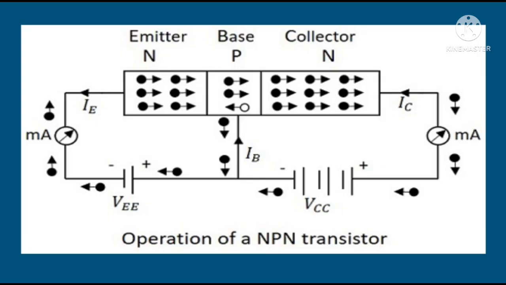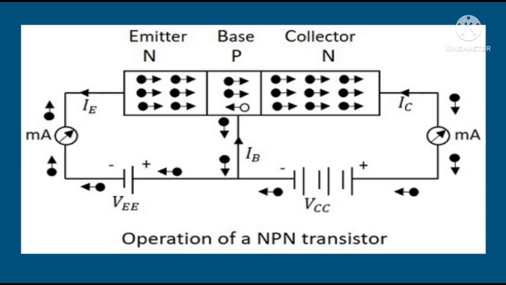When the emitter base junction is forward biased, as we already studied, the electrons, which are the majority charge carriers in the emitter, are repelled by the negative terminal of the power supply towards the base. So the barrier potential of the emitter base junction decreases and the electrons enter the base. At the base there are holes.